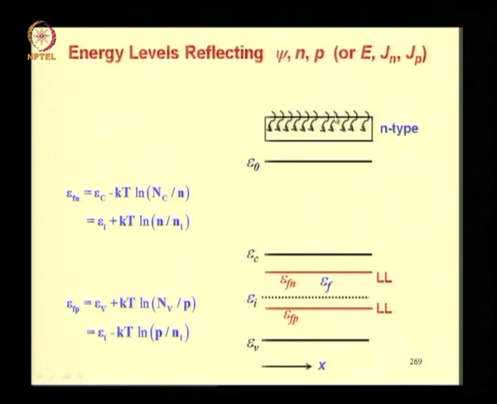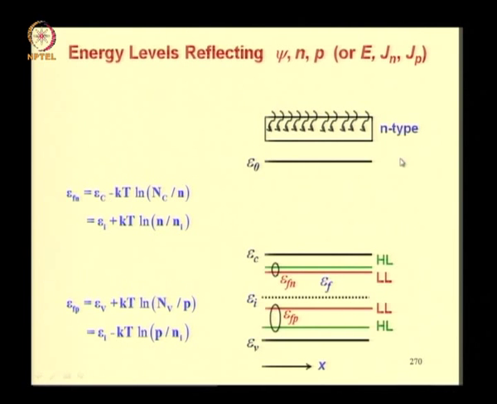Now if you increase the intensity of light, you can have high level conditions. High level conditions, there is a small change in the electron Fermi level, so it moves closer to the EC as compared to equilibrium, and the hole quasi Fermi level moves closer to EV also in a similar way.